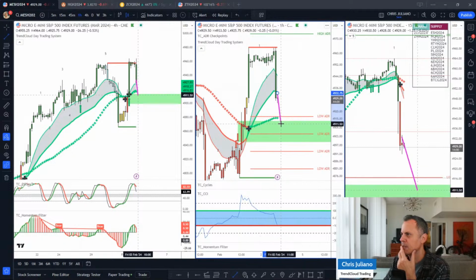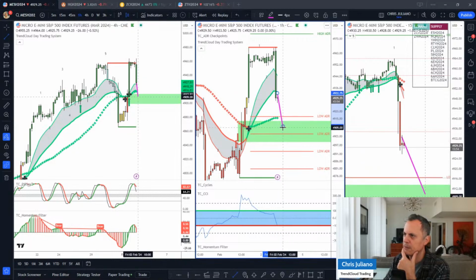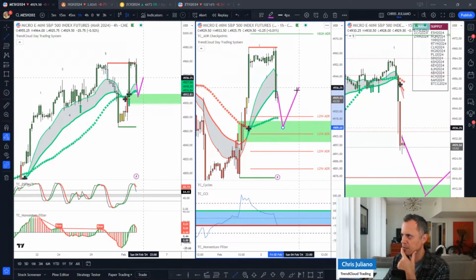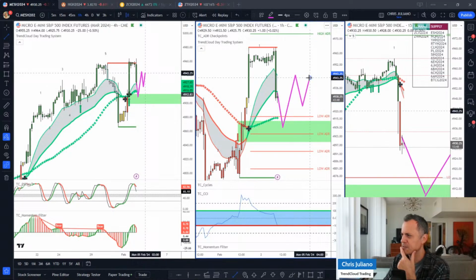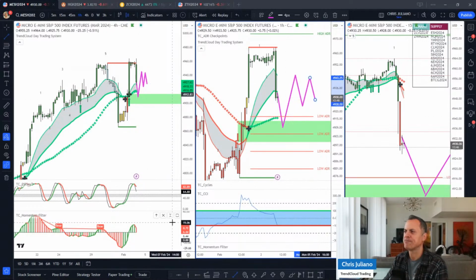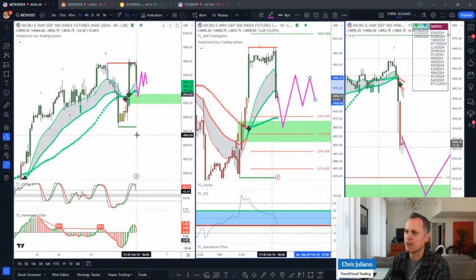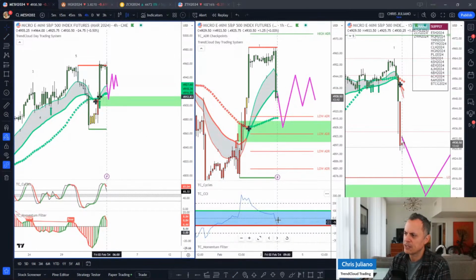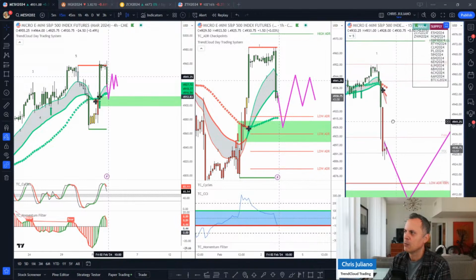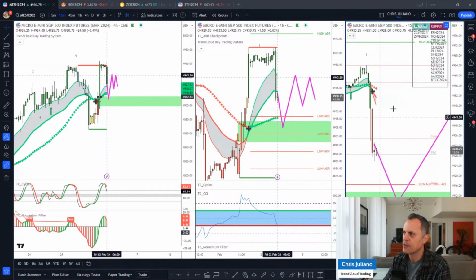Pulls down, right? Hits one of those ADRs. And then starts making some moves. And by then, it'll start to slow down, right? But as long as we get that break below and we're cycling down, we could start to look for some TrendCloud signals to the downside.